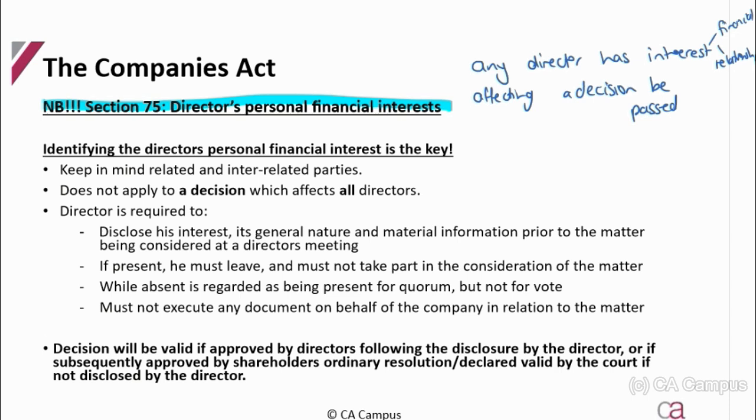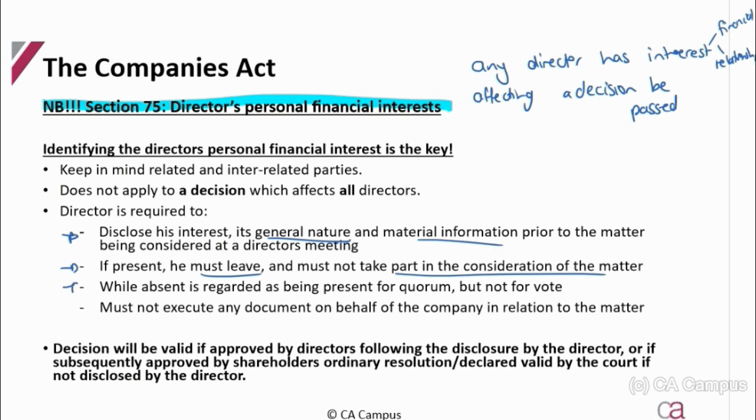So, what do they have to do in this case? They have to disclose their interest and the general nature and any material information before the meeting takes place. If they are present, they need to leave the meeting. They must not take part in the consideration of the matter.